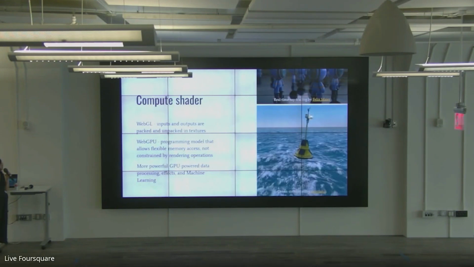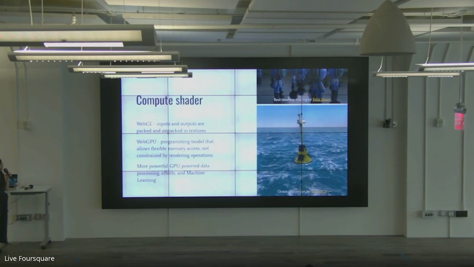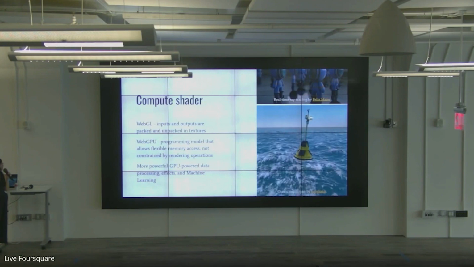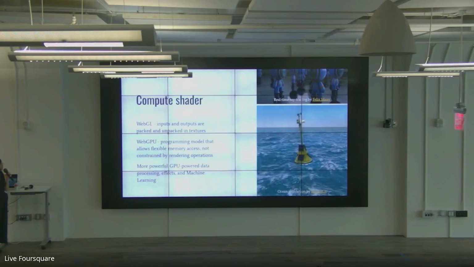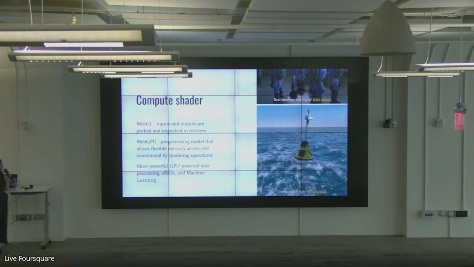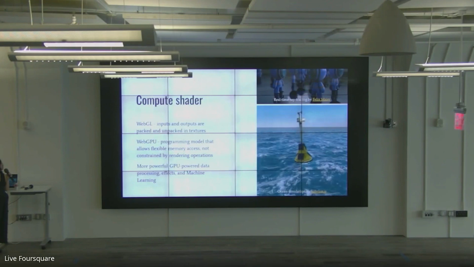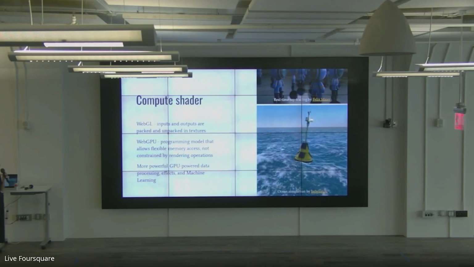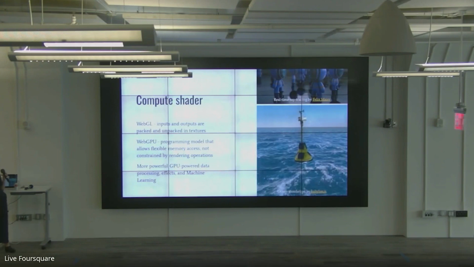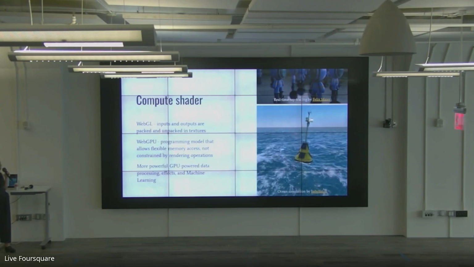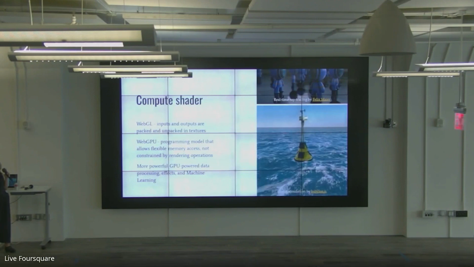And that is really awkward when your data doesn't really match that format, and you're restricted by the pixel format that your texture supports. But in WebGPU, it has a more flexible programming model that allows free memory access, and it opens up opportunity for all sorts of crazy effects and data processing capabilities.